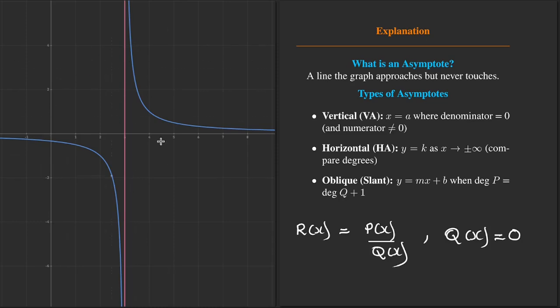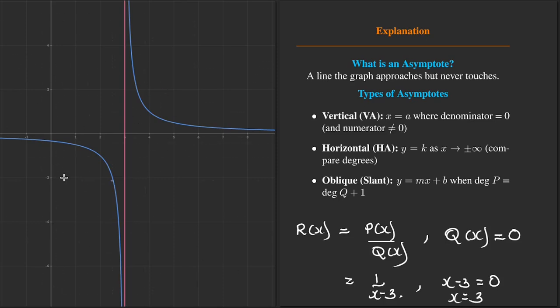An example is what you see over here. This is the function 1 over x minus 3. Now, when q of x, that is the denominator, equals 0, we would have x minus 3 is equal to 0, and that implies that x is equal to 3.